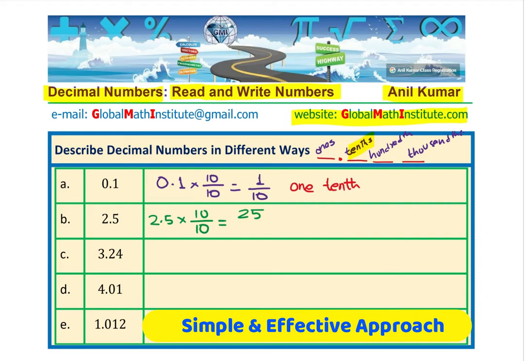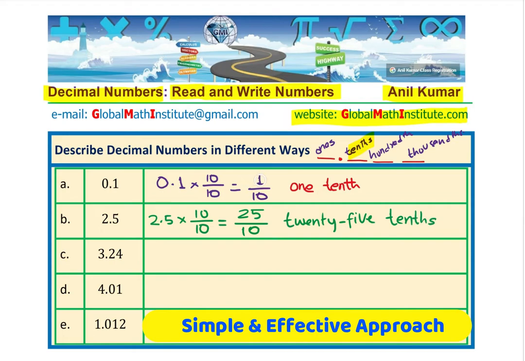It's a whole number. But the denominator is 10, right? So how are you going to interpret or read this particular number? Well, I could say this is 25 tenths. Do you see that? This is 25 tenths.